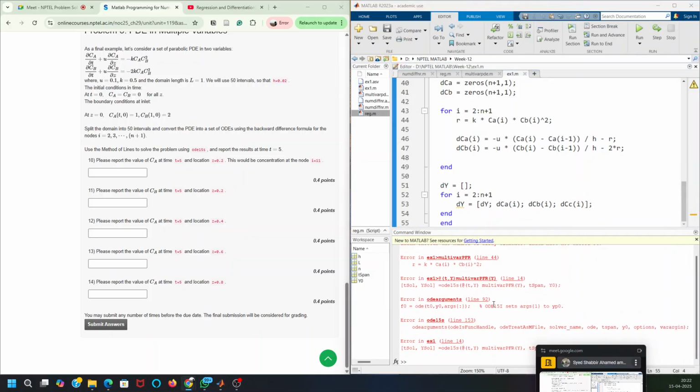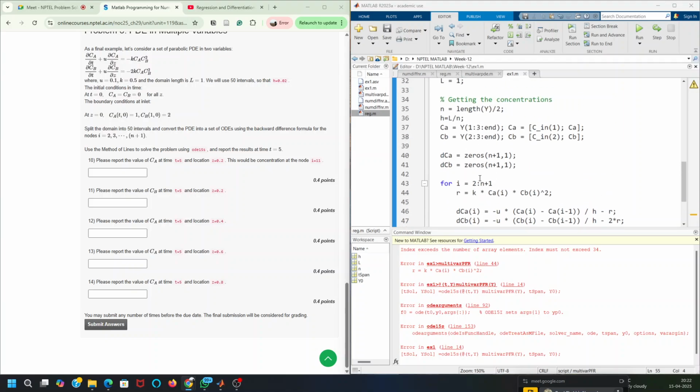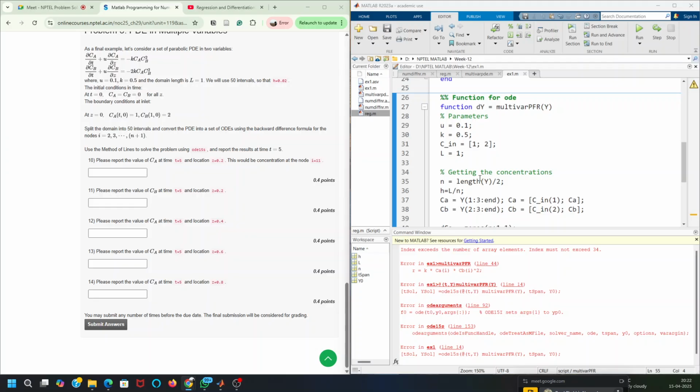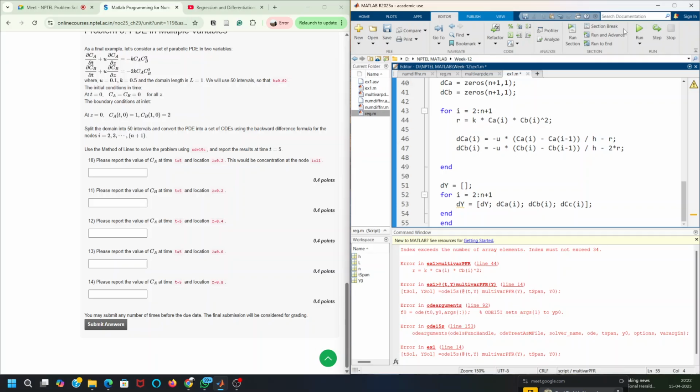Index must not save before. Now we have to jump in steps of 2 here. Fine. Okay, now what is the problem?